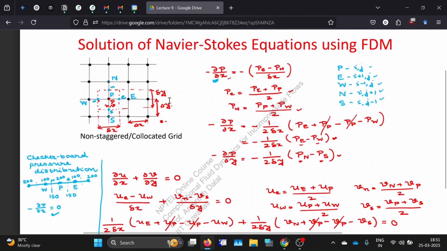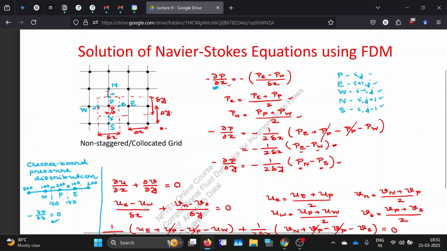But anyway, the main point over here is that we're losing out on grid resolution. We are using a co-located grid. If we knew the values of P at small e and small w, then we could have gotten higher accuracy.